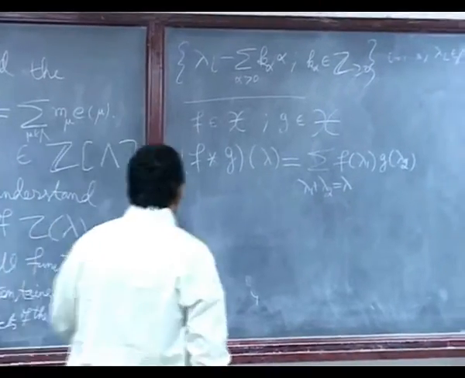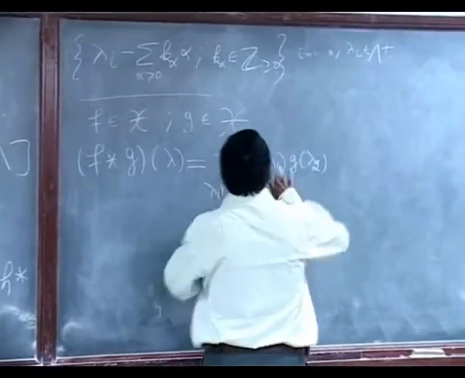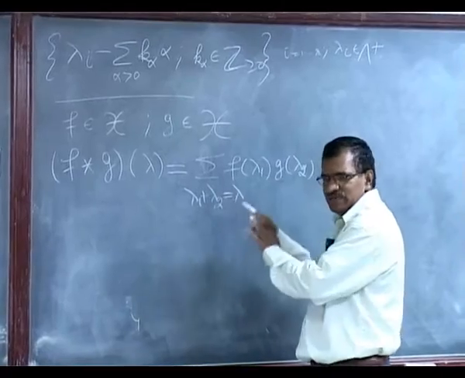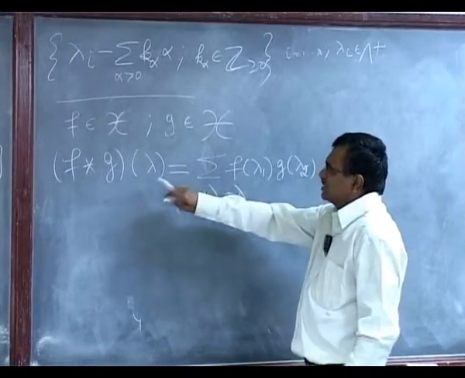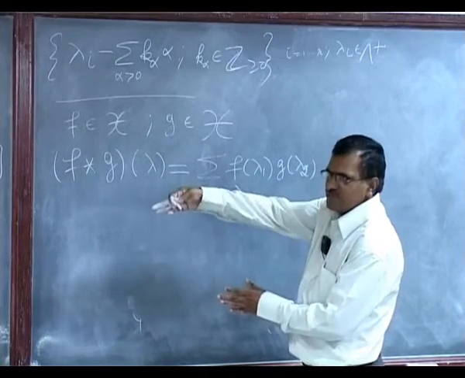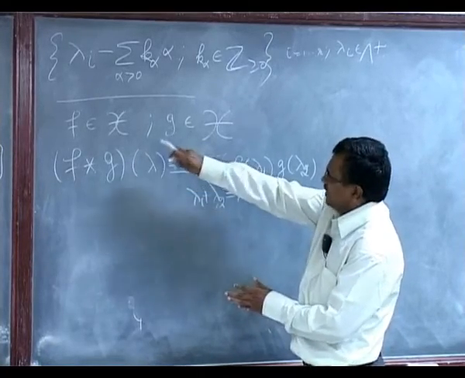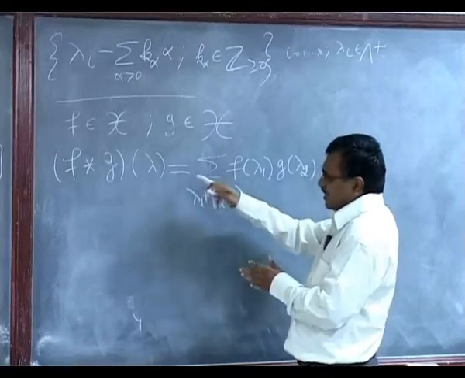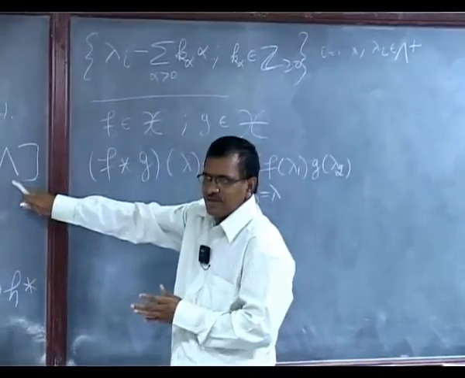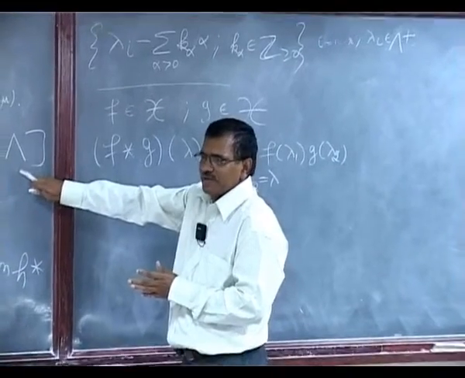Okay, anyway. So, f star of g of lambda: I take the sums, and then if it is lambda, go to the value. So, f of this and then g. You can see this at the level of Z lambda: if a function is coming from Z lambda, think of that as an element of Z lambda, then this is the multiplication in the group ring.